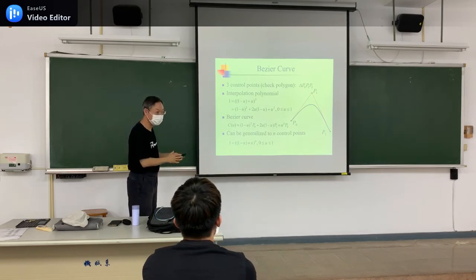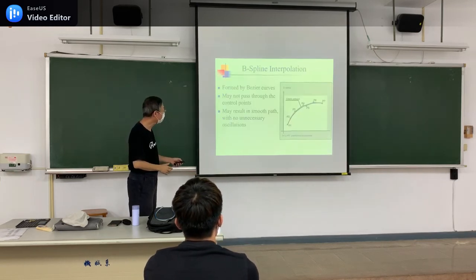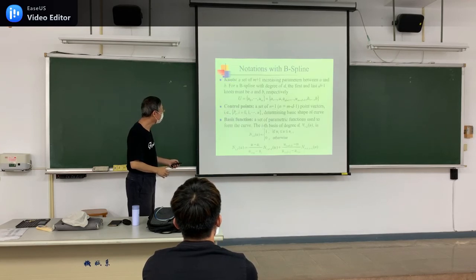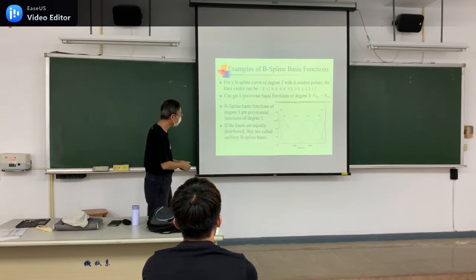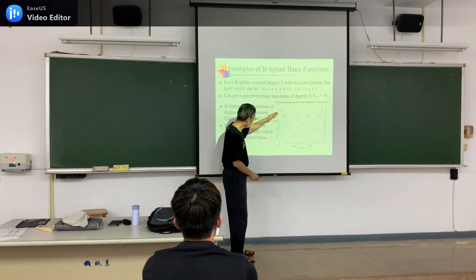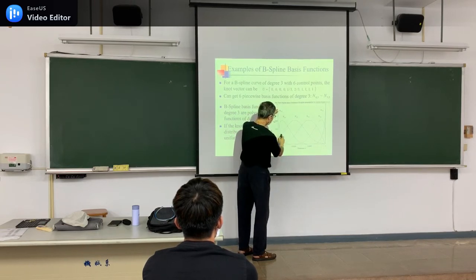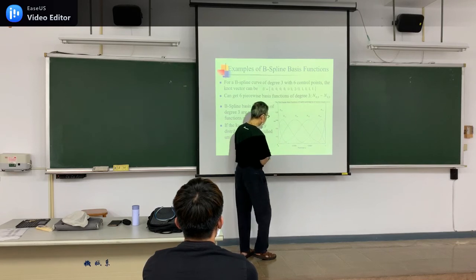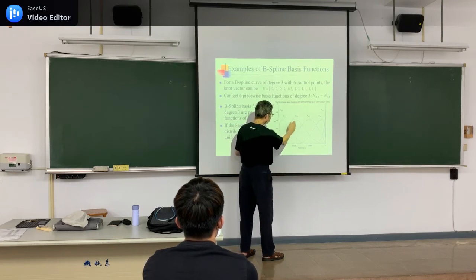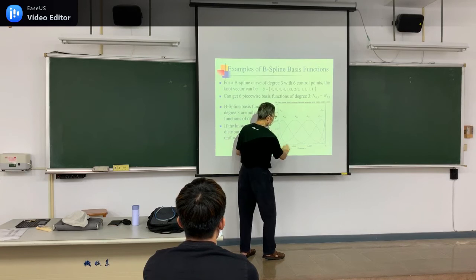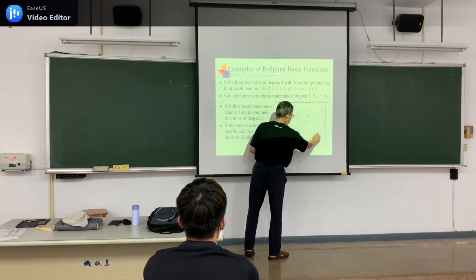So this is for the Bezier, quite easy to understand. But for this part, as you can see, you are moving, and at the beginning there is more weighting on P0. These are smaller, these are smaller.